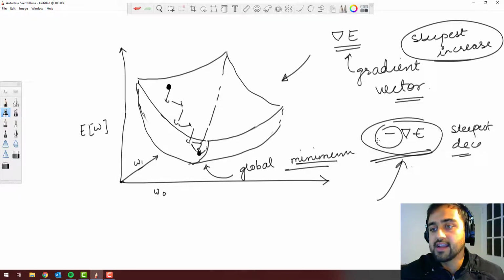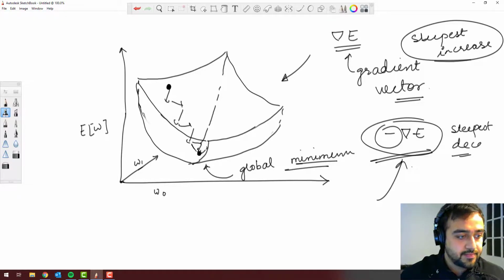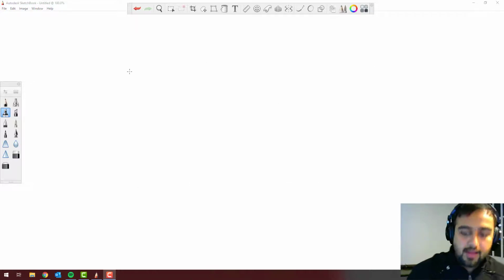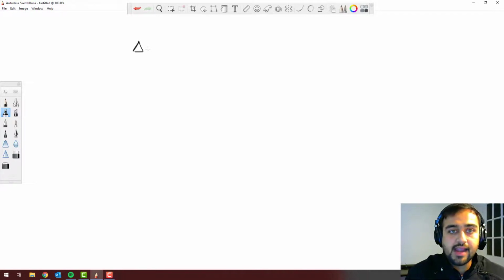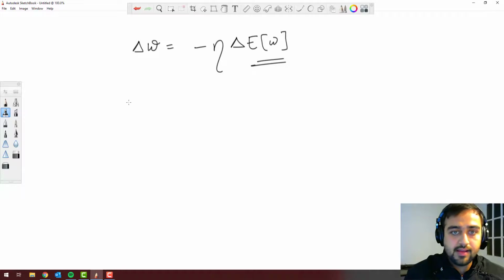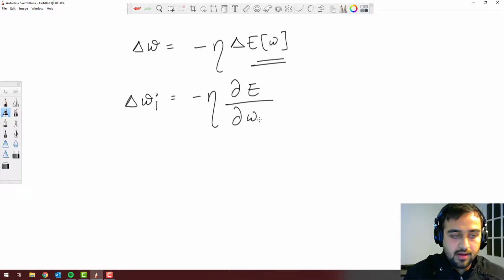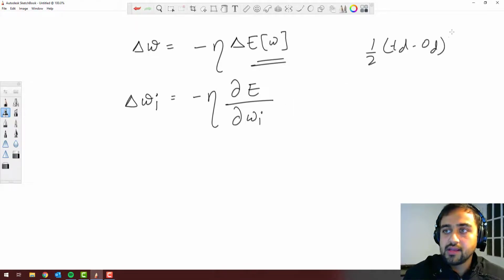In order to do that, we need to take the negative of our gradient vector. So if you want to calculate a delta W, delta W would be given as minus eta delta E of W. So that brings us to delta Wi is equal to minus eta dE by dWi, where E was half sigma of TD minus OD squared.